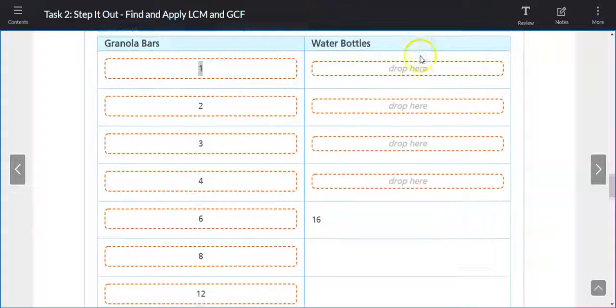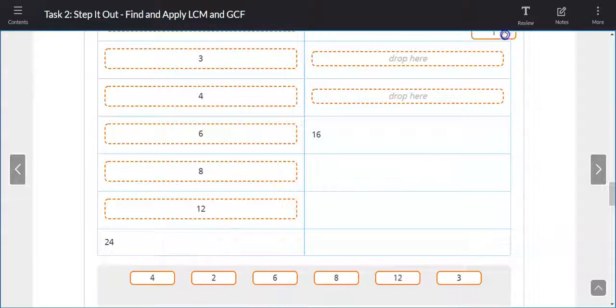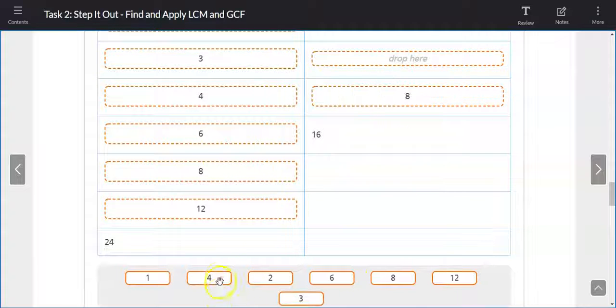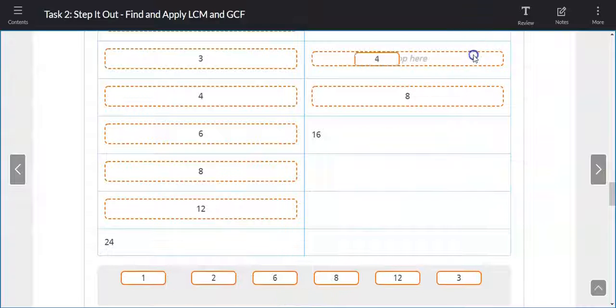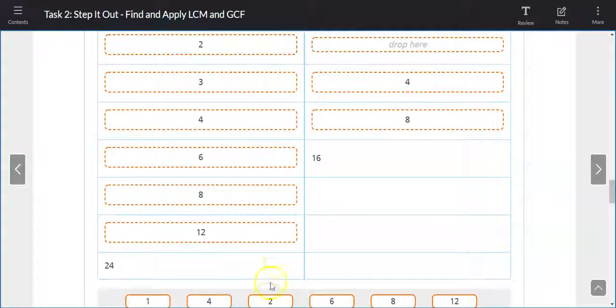There we go. We have 2 times 8 and 4 times 4. So apparently it's not going to let me drop my 1 up here.